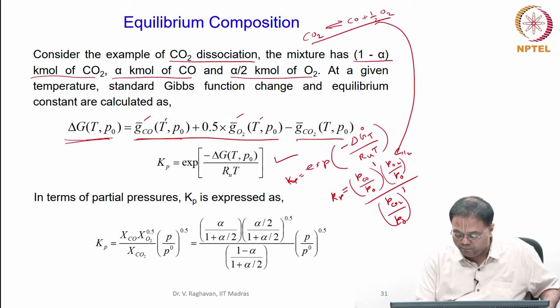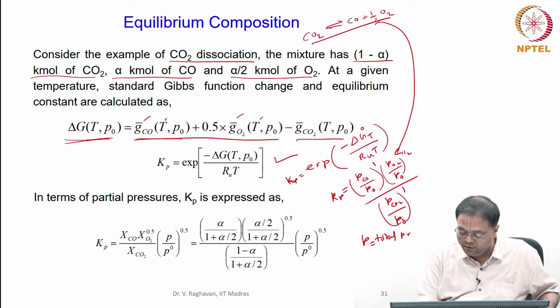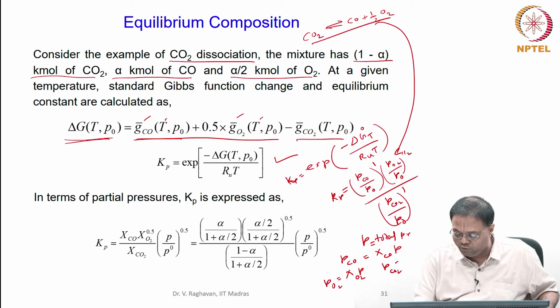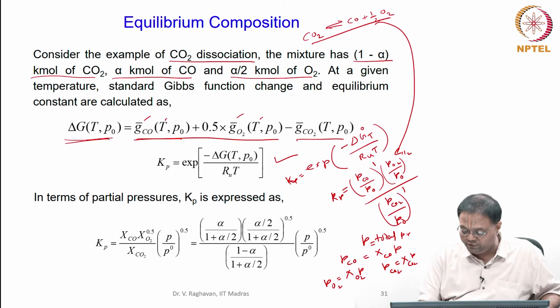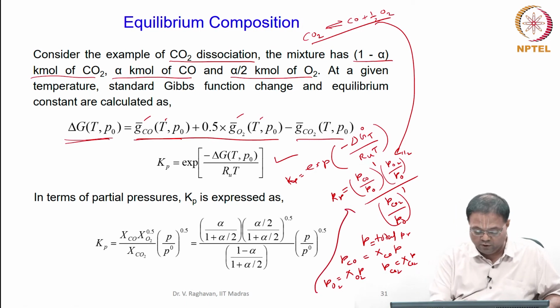Now if P is the total pressure of the reaction, then PCO will be equal to XCO times P. Similarly, you can write XO2 into P as PO2, and PCO2 will be equal to XCO2 into P. So substitute these partial pressures here, you get this equation.